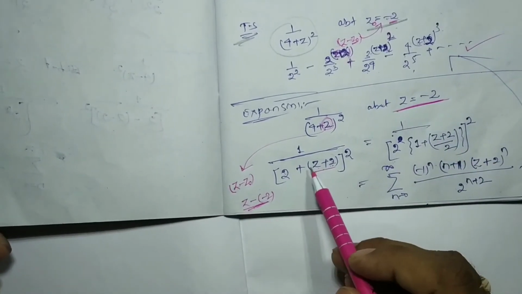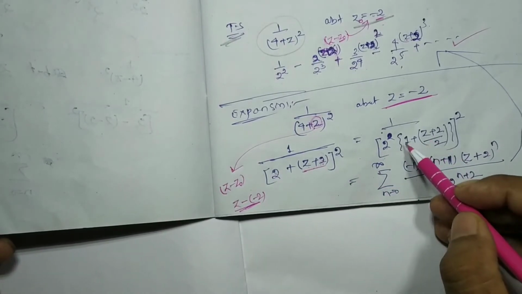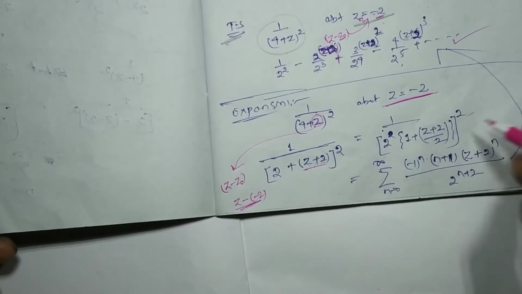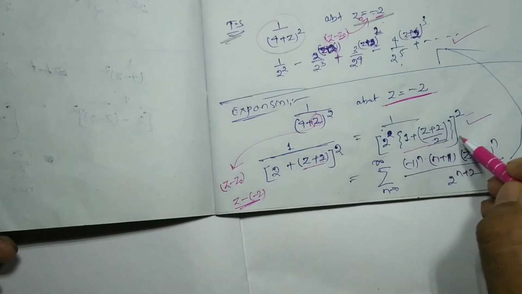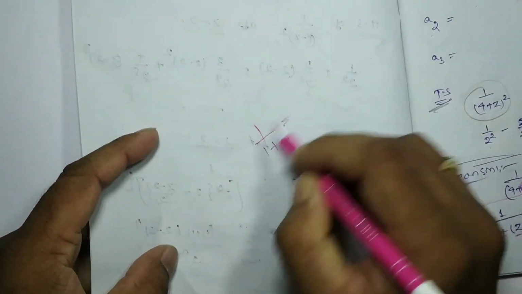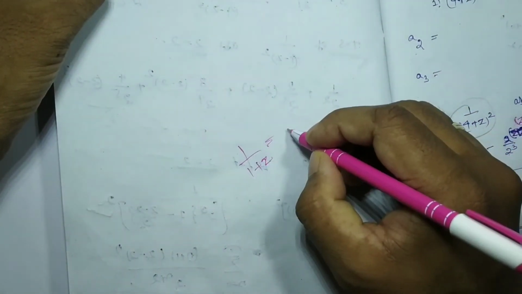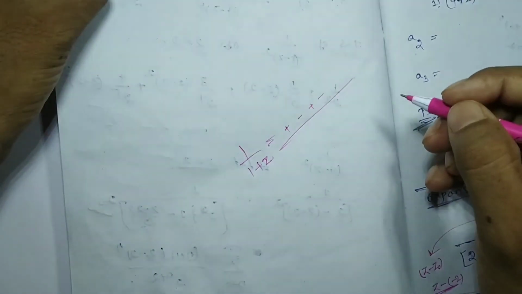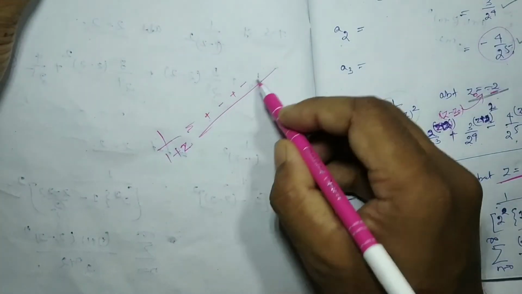So it will be 1 by... now we are going to take common 2 from this and this. So it will be 2 into 1 plus z plus 2 by 2 whole square. So this is in the form of 1 plus z. And we know that 1 by 1 plus z Taylor series is nothing but in the form of plus minus plus minus form.